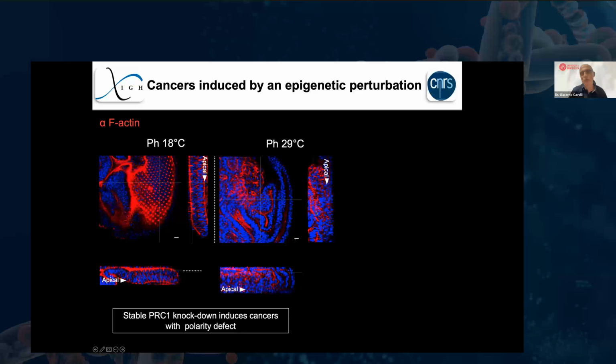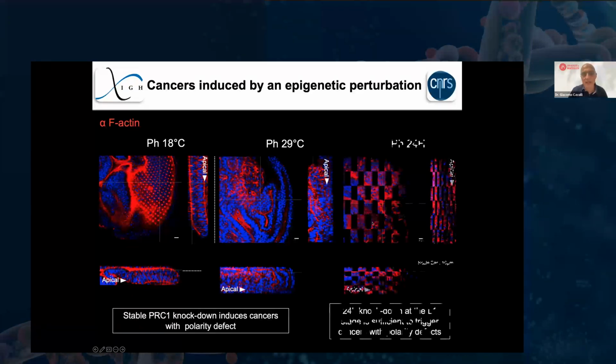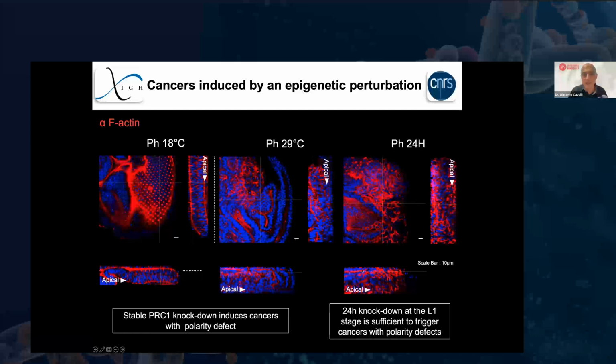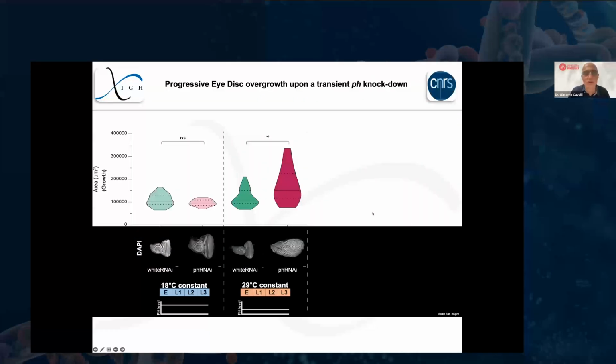What happens if we do the transient depletion for only one day and then bring the system back? And strikingly, what we get is, again, a complete loss of organization of the tissue, with all the cells losing completely the orientation, hyperproliferating, and actually these tissues grow large. So this is the constant depletion where the tissue is growing big.